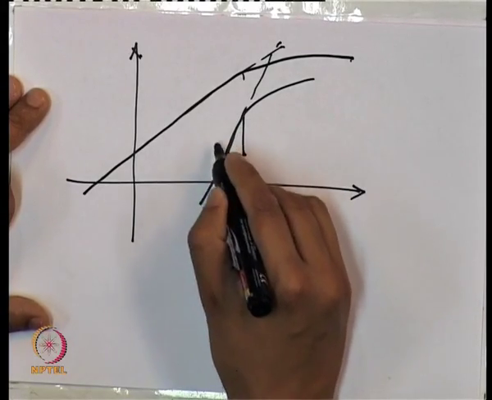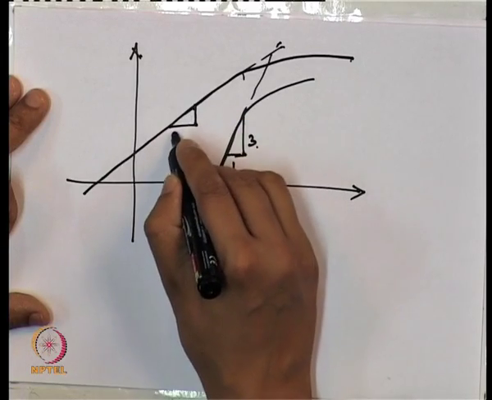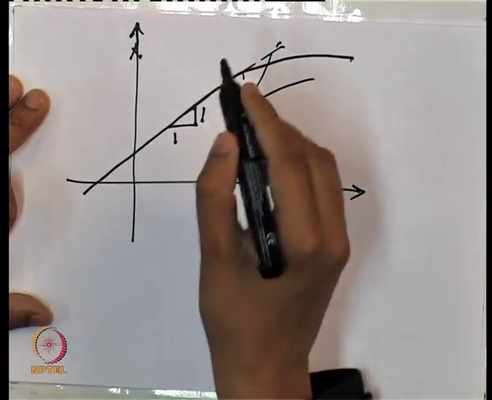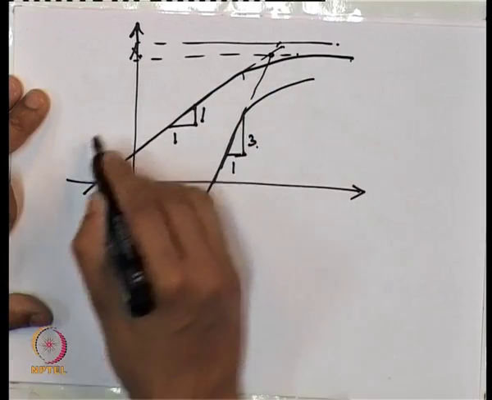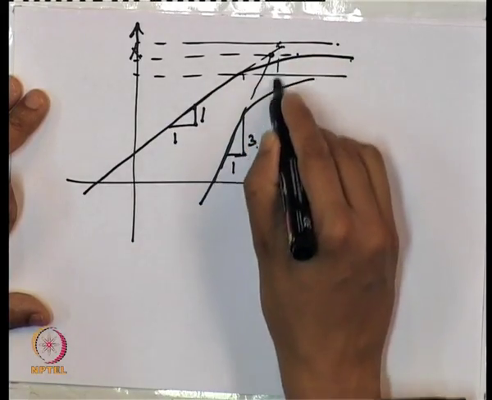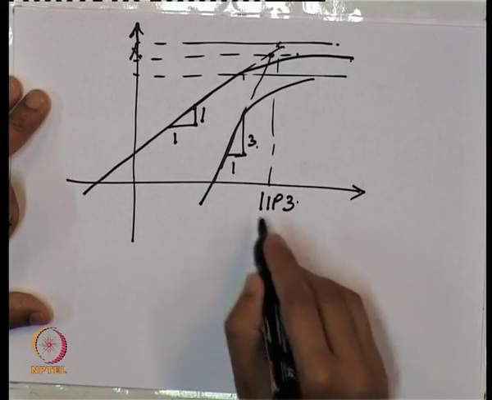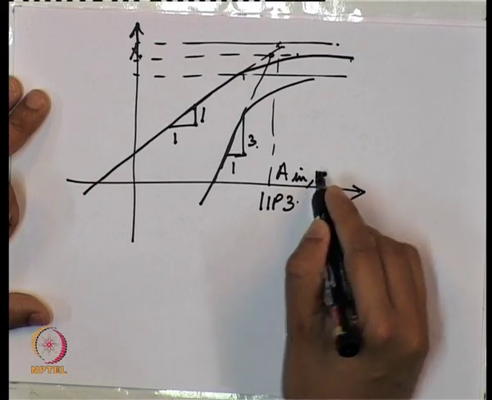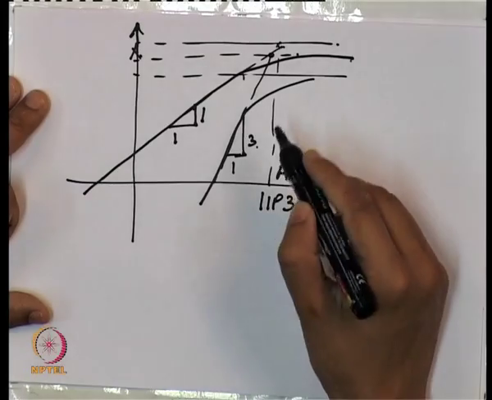So this is the slope of the intermodulation products, which is 3:1, whereas the slope of the fundamental is 1:1. And the point where the two meet, the input power at that particular point, is called IIP3. It is the A in IIP3, it is the IP3. So this is the definition of the intermodulation product.